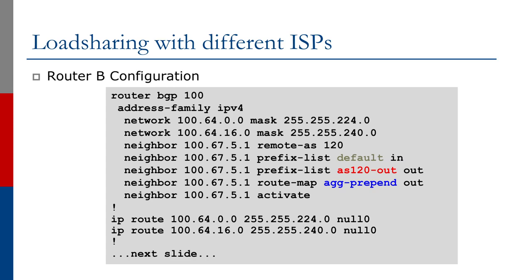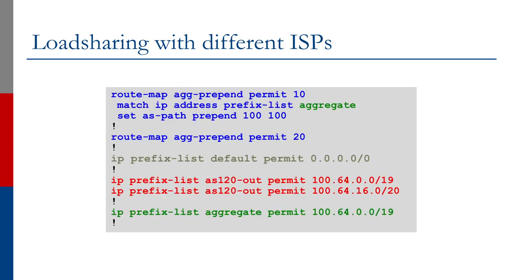And we can change this balance by using the ag-prepend route map. If we look at that, it's looking for the prefix list aggregate on the outbound announcing, and if it finds it, it's doing a double prepend. So AS120 will see the aggregate coming to it with three of AS100 in the path.